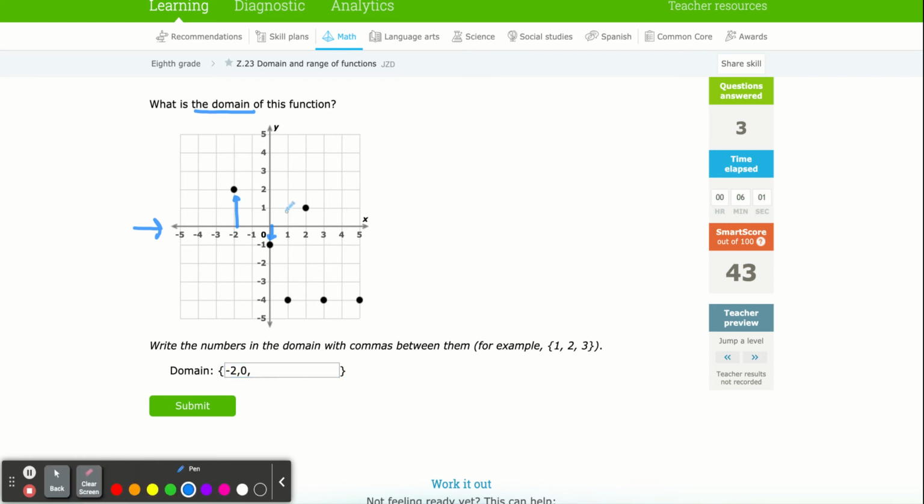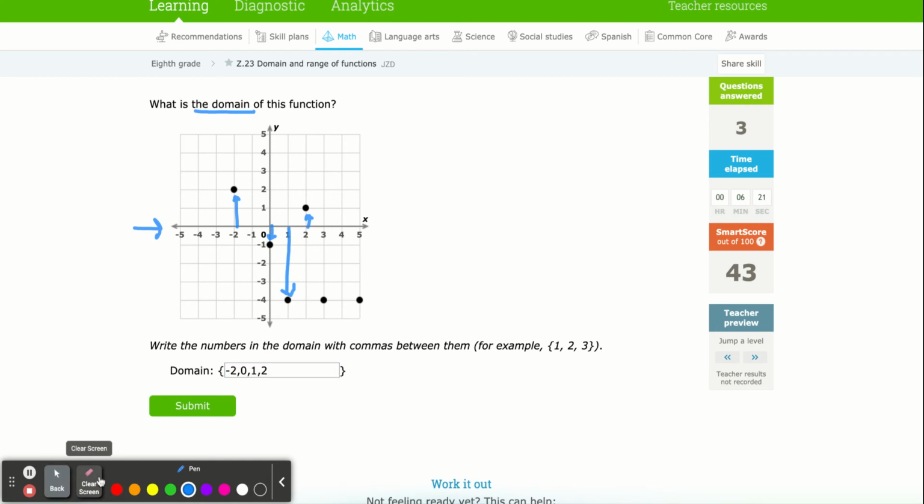Then I continue moving my way along the x-axis. And I look down here and I have a point that lines up with an x value of 1. So that would be my next domain value. And then I continue along the x-axis until I find my next point, which has an x value of 2.